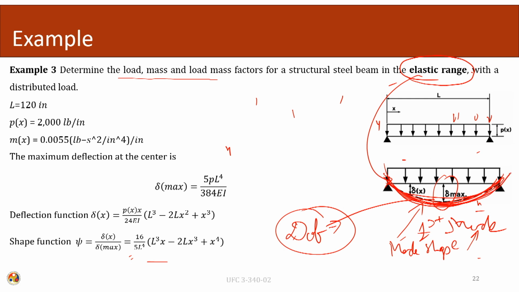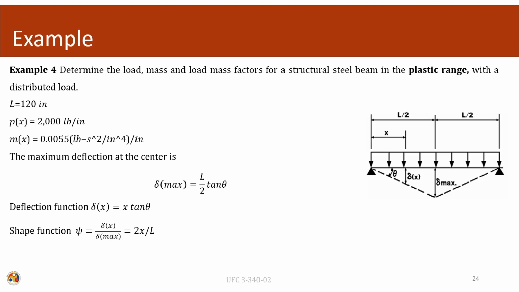Now, we will look into a case where this goes beyond the elastic range. It goes into the plastic range. So, in the plastic range what will happen? The chosen degree of freedom is at the center only. The mode is the first mode only. Earlier the shape of the curve was curvilinear because it was in the elastic range.